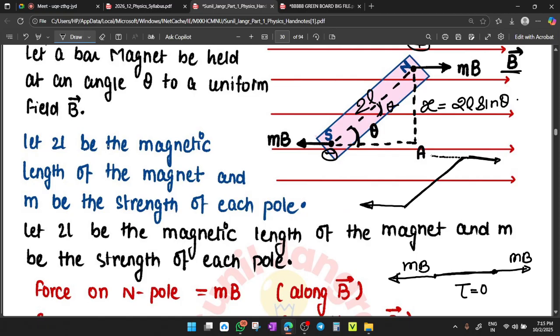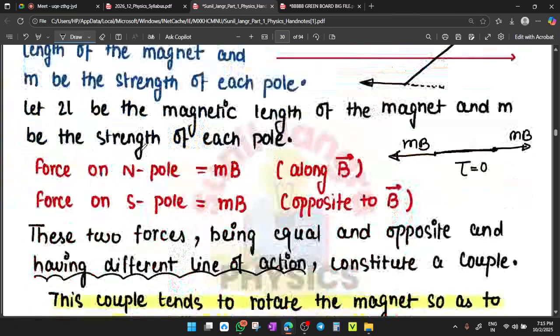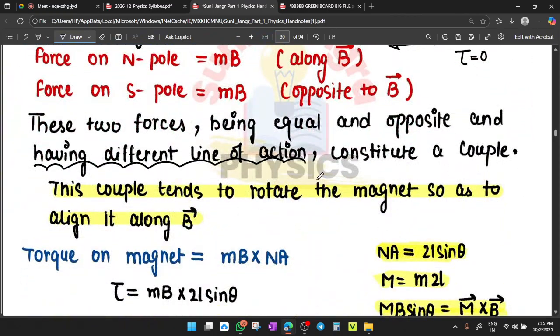Torque acts only when the forces have different lines of action. When two forces act simultaneously and produce a torque, they are said to constitute a couple, right?